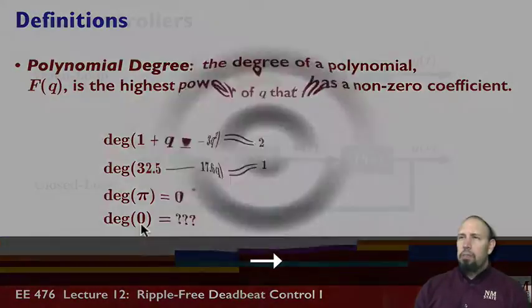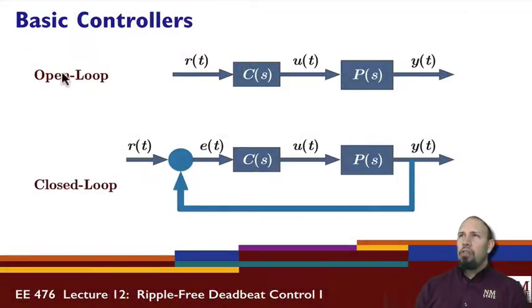Now, we've talked about some basic controllers already. We've talked about an open loop control. We've talked about simple closed loop. In the cases that we looked at, we were basically looking at continuous time controllers for our system. And there's a way to discretize such a controller. We saw that there are advantages and disadvantages to using open loop, and to using a closed loop control like a PID controller.